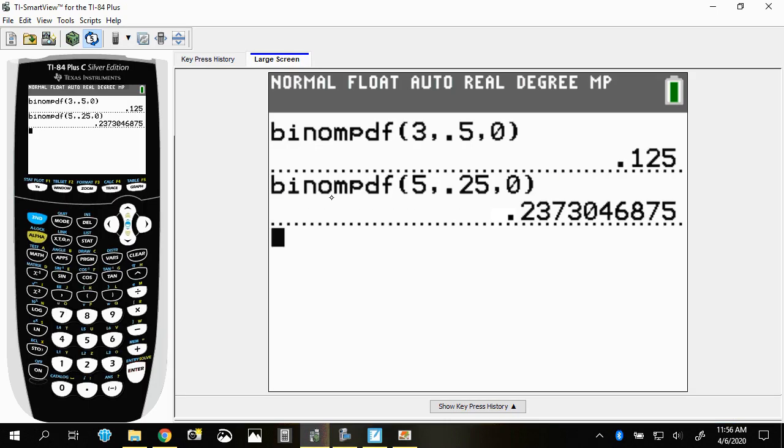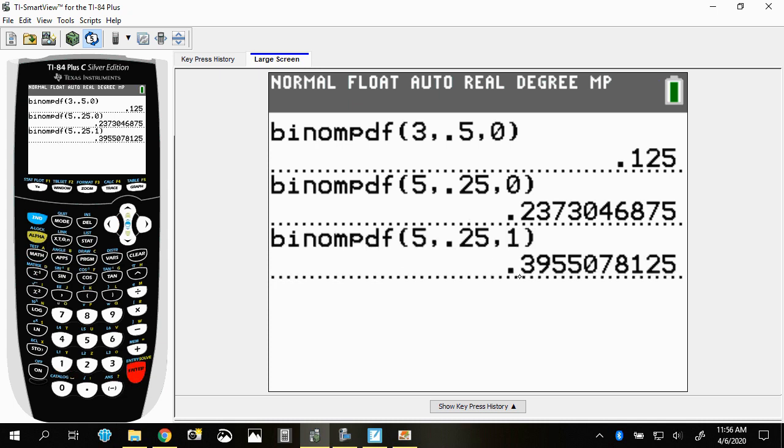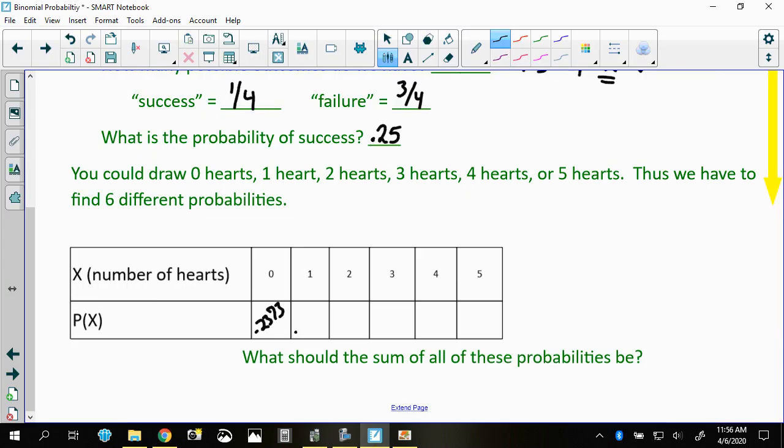Now, this is what I was talking about, instead of having to go through that whole thing. If you go to second enter, you can just scroll over here and change it to a 1, because now we want 1 heart showing up. So again, 4 decimals, 0.3955.